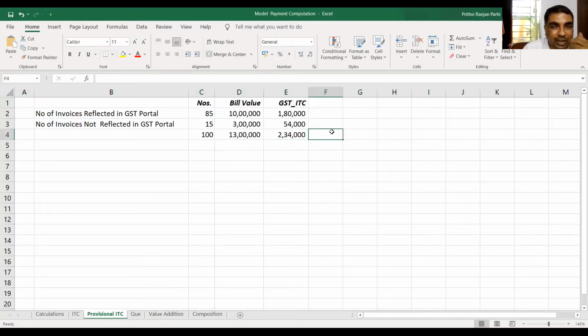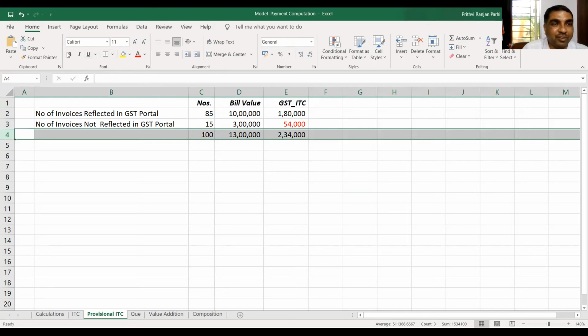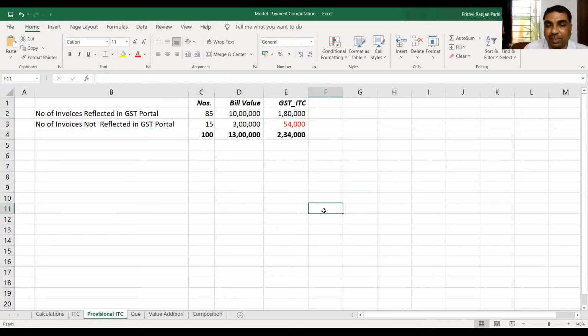Okay. Now question comes, this ITC, how could I take it? I have invoices, but how can I take it? For that, I'll refer to the rule.